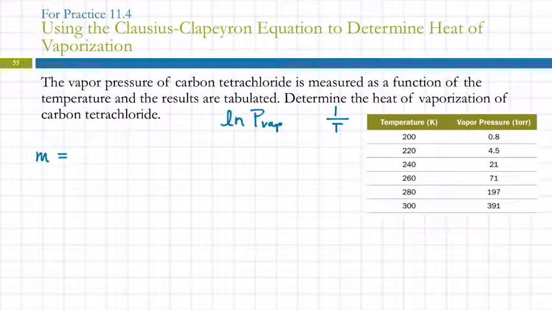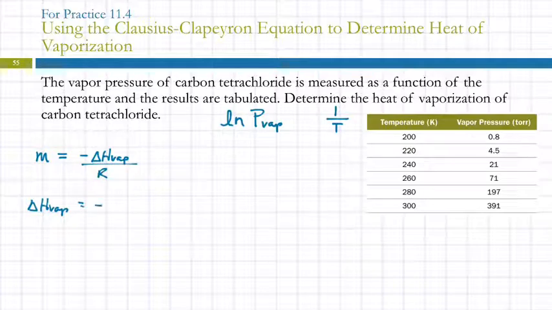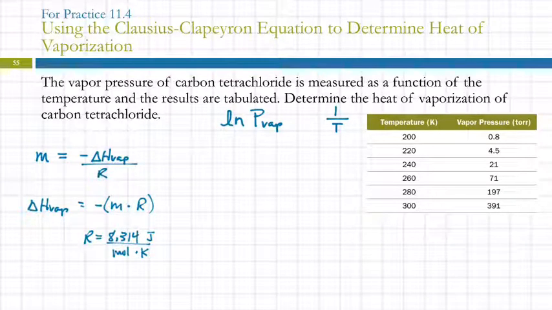So the slope of the line is negative delta H, heat of vaporization, over R. So to find the heat of vaporization is going to be negative m times R. And you use the value of R equals 8.314 joules per mole Kelvin. And so you can calculate it that way.